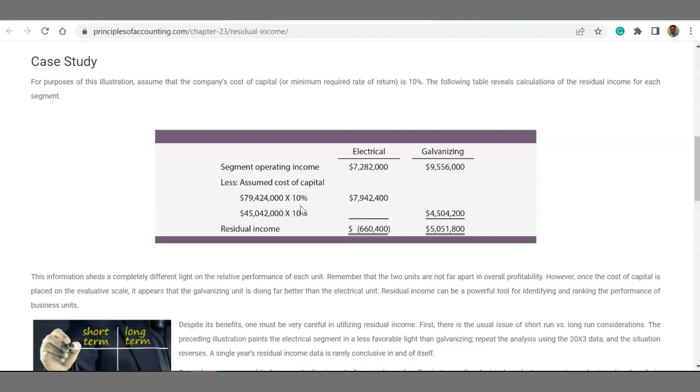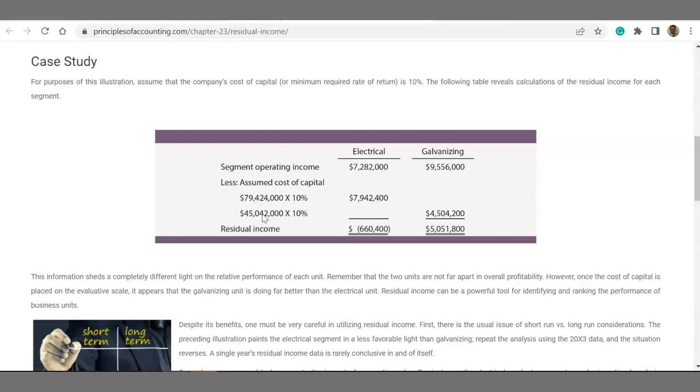And 10% is the minimum you need to generate just to justify $79 million of operating asset investment, right? So 79 million times 10% is 7.9 million.